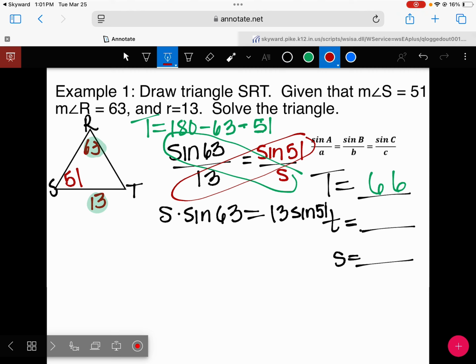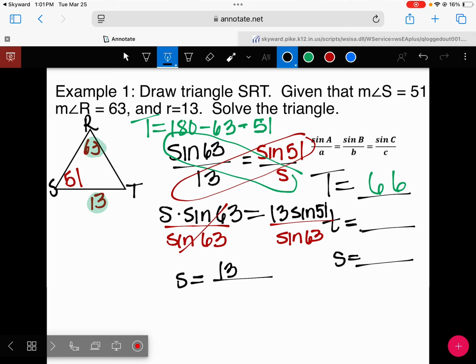Divide both sides by the sine of 63. And then we find that little s equals 13 sine 51 divided by sine 63.